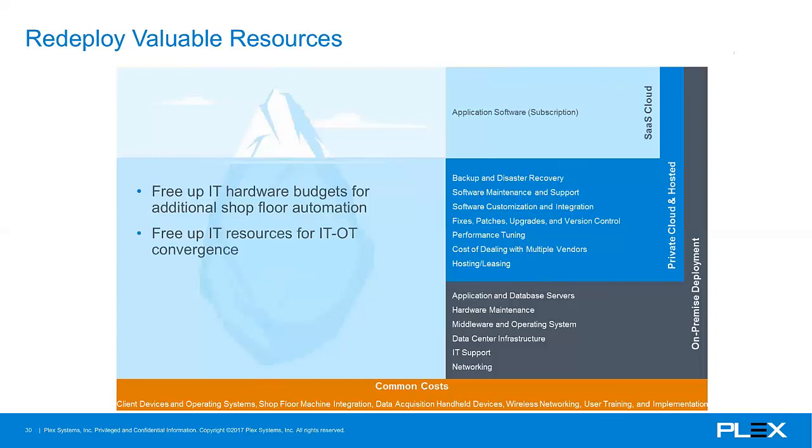This growth, focused on the Internet of Things and digital transformations, will foster new opportunities that require a high level of cooperation between IT and OT groups. Our cloud solution enables the refocus of these IT resources.